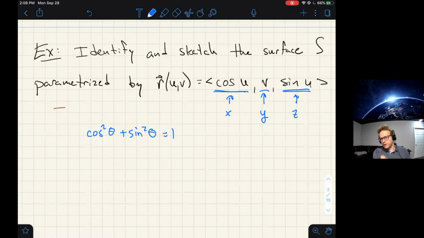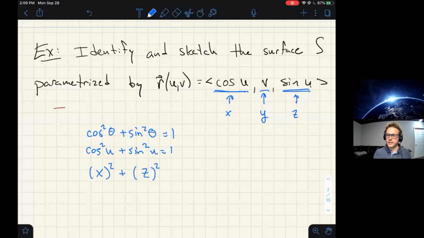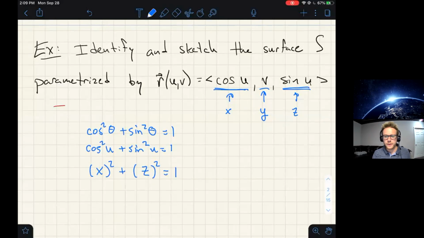And of course, this is true for any theta value. In particular, our variable here happens to be u. So we can use cosine squared u plus sine squared u is equal to 1. And now remember, x is cosine, z is sine. So this is really saying x squared plus z squared is equal to 1.